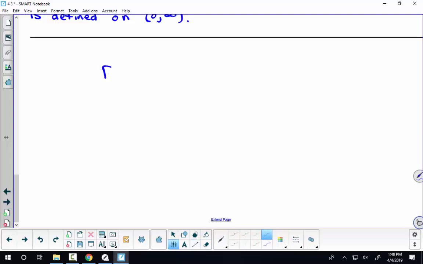So we're going to look at the derivative, which was defined from 0 to infinity, and our critical point was at e to the negative 1. So what two values do we want to choose to test in the first derivative?